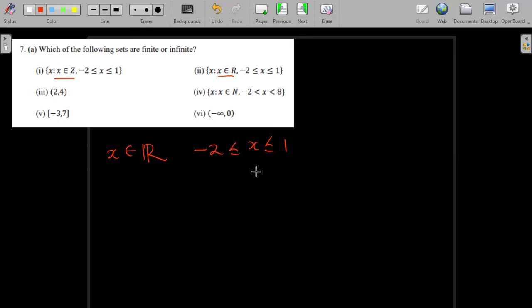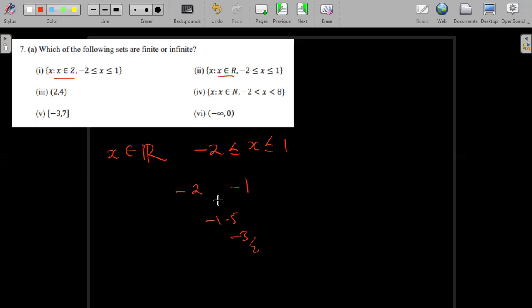There's -2 there, and the next integer is -1. So anything in between, let's say -1.5, is in between here. And -1.5 can be written as the fraction -3/2.